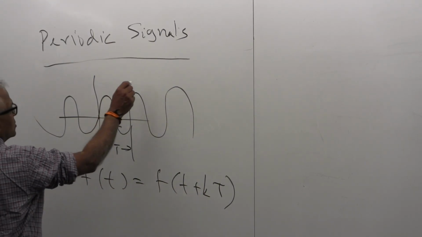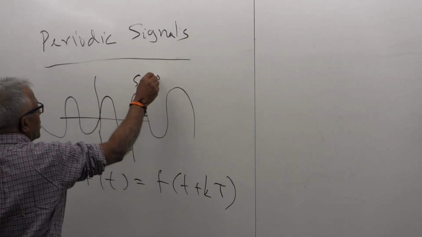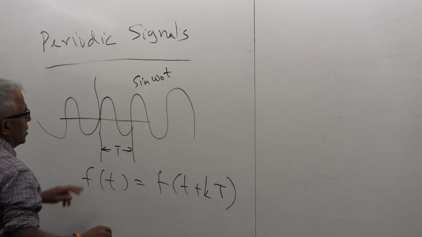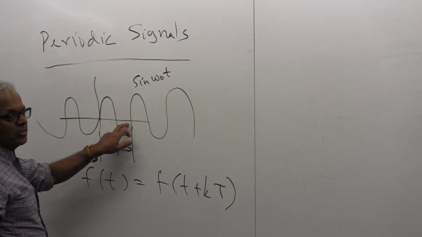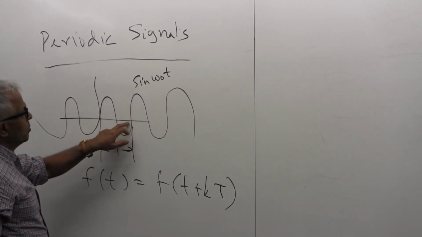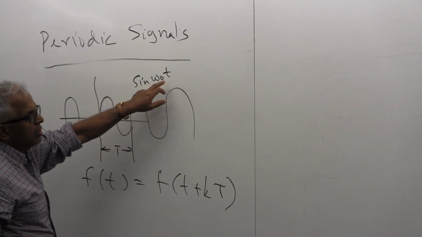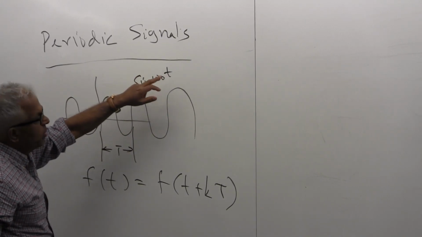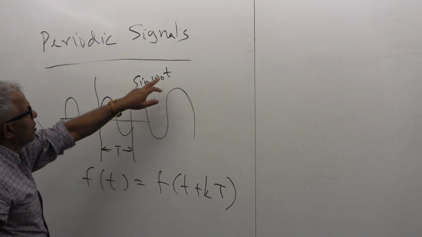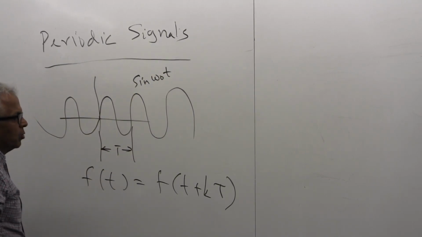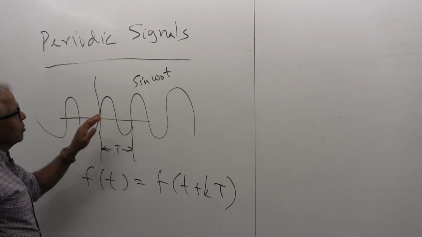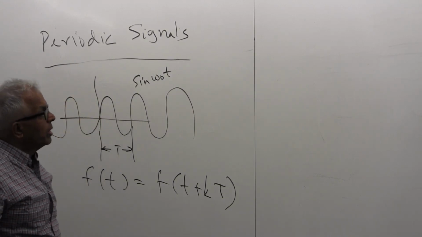For example, sine omega naught t is 0 here and at 2 pi it is 0 again. So T will be 2 pi over omega naught. Cosine will start from here.